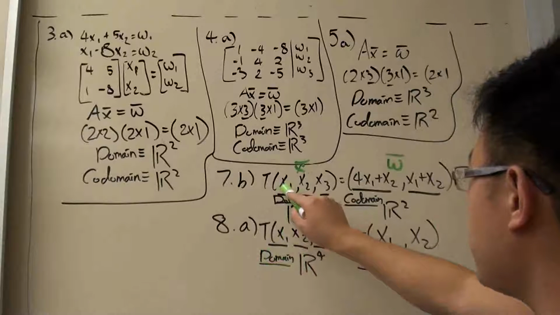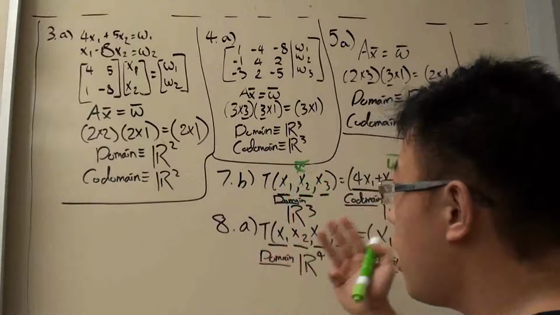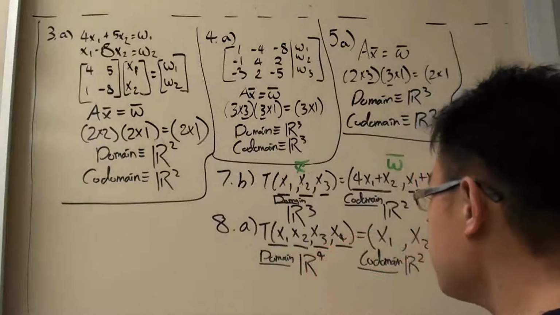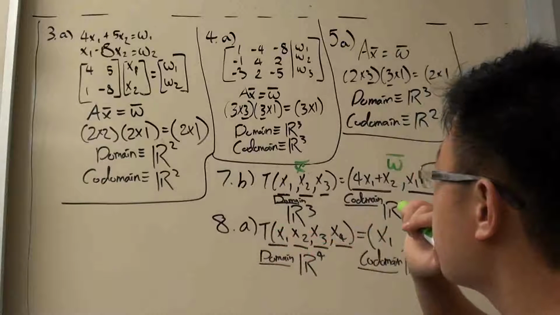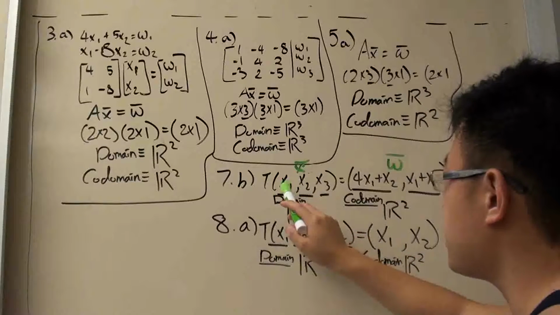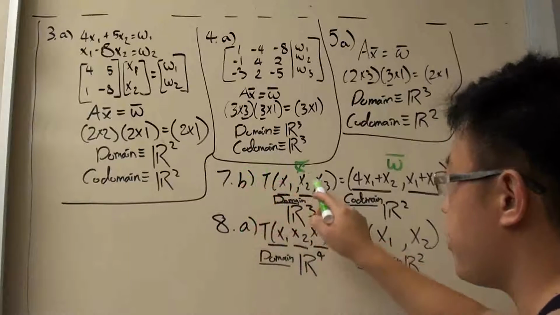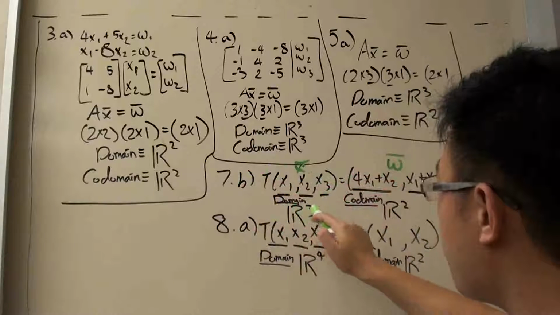So again, how many dimensions are there? x1, x2, x3, so there must be 3 columns. So we're going to have some kind of matrix that's 3 by 3. We can safely assume that, and because of that, the domain will be R3.